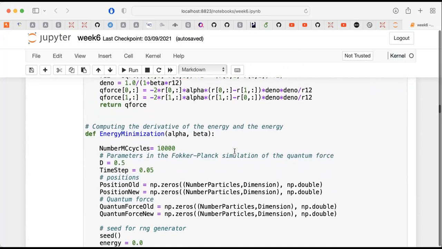And then there's a function which we call energy minimization. In this particular case, I'm using fewer Monte Carlo cycles. Now, this leads to a small problem which we need to think of. The integrals we are evaluating in the calculation of the derivatives of the expected value of the local energy may be very sensitive to the number of Monte Carlo cycles we set up.